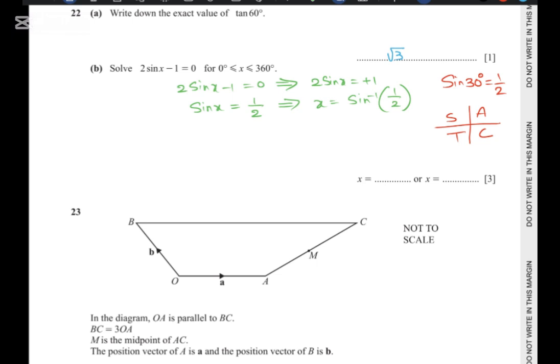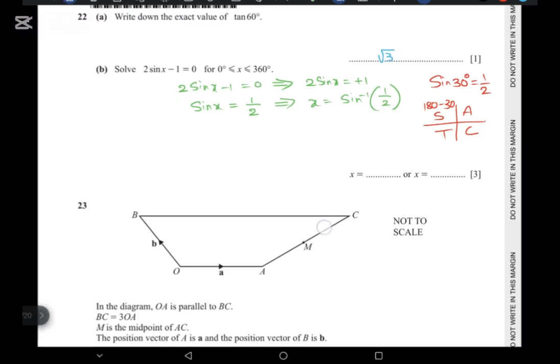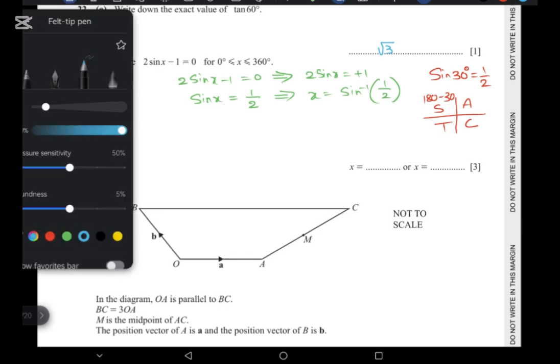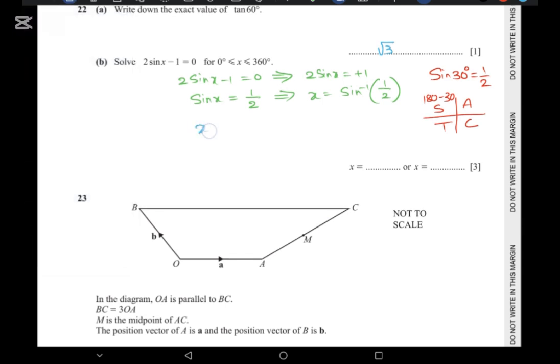So the other angle will be in the second quadrant, that is 180 minus the angle we got, which is 30. So 180 minus 30 is 150. So x will be 30 and 150. That is the answer.